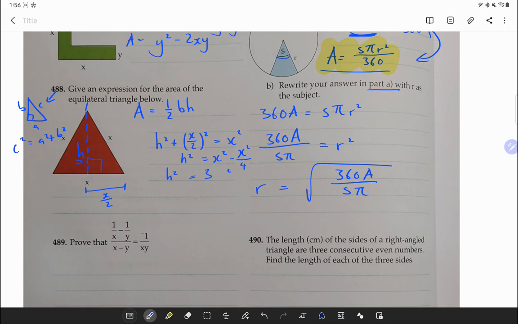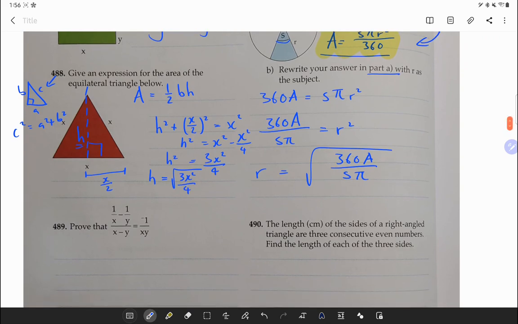I'm actually even going to just write it up here. Like that. Cool. And h being the square root of that. Done. Now we've got h. Cool, we just put it in here. h is that. Remember, b is just x, because there you have it right there.